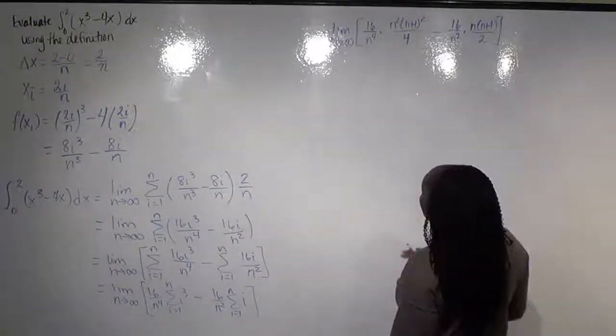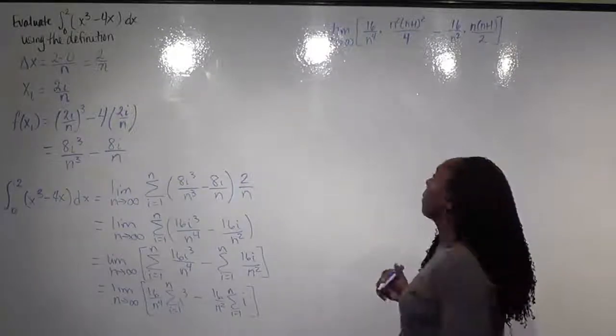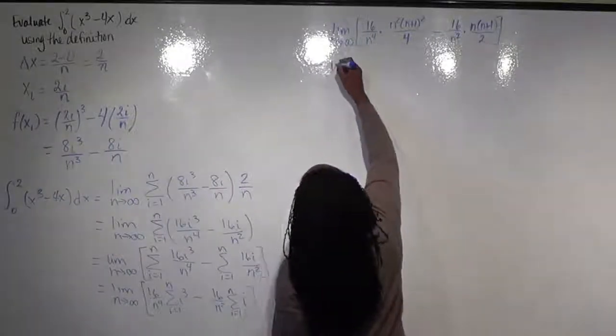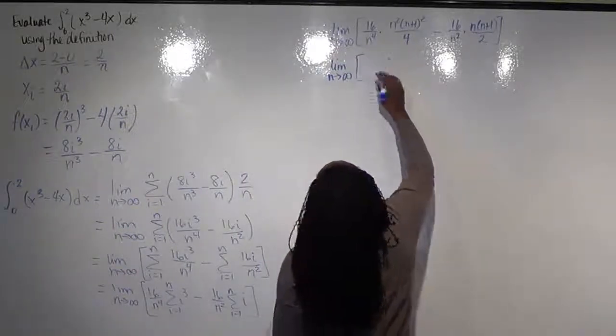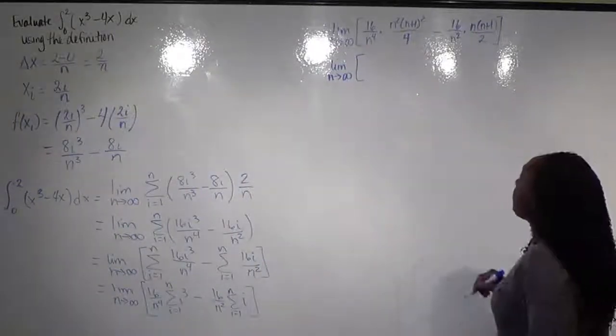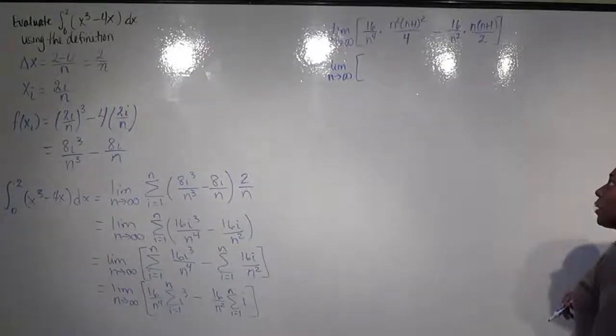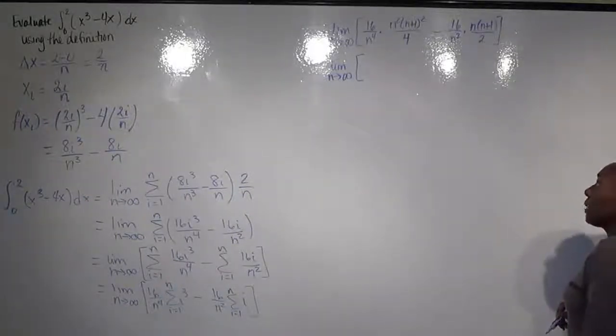Again, I probably want to simplify before I try to take my limit. In here I can see n squared times n plus 1 squared.